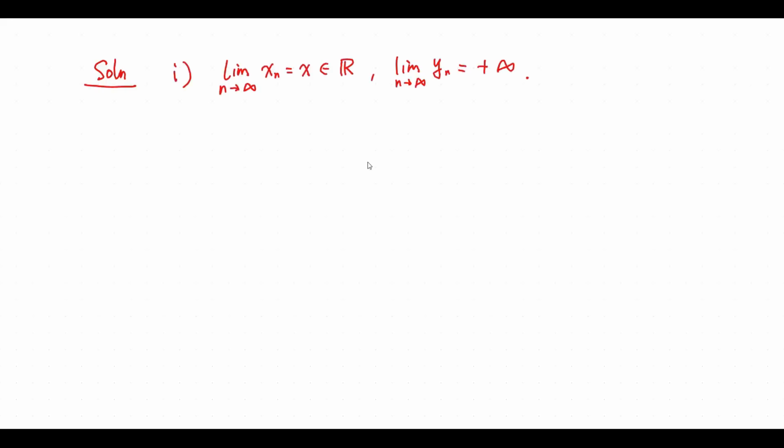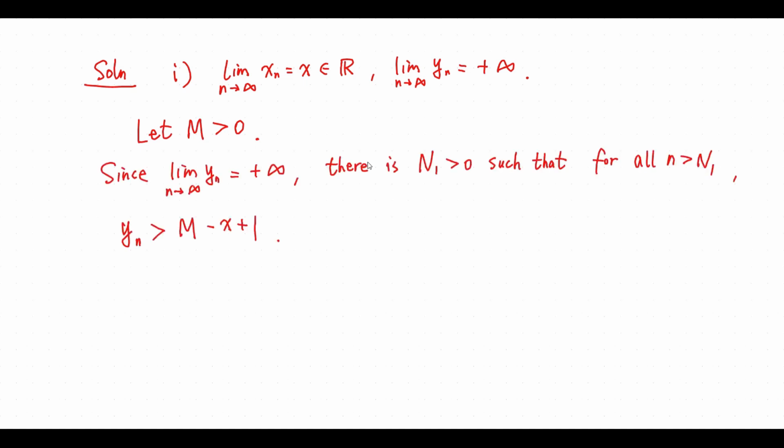Solution. Question 1. Let m be a real number greater than 0. Since the limit yn equals infinity, there is n1 greater than 0, such that for all n greater than n1, yn is greater than m minus x plus 1.